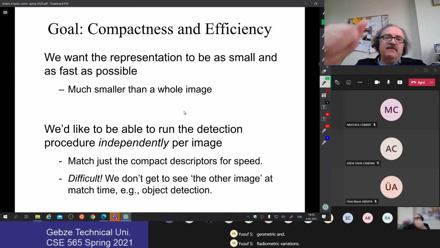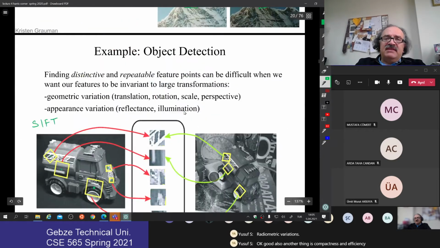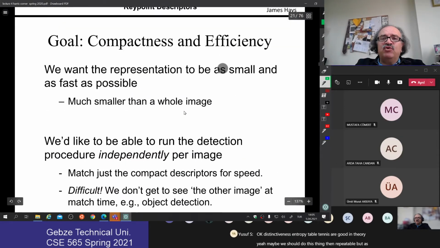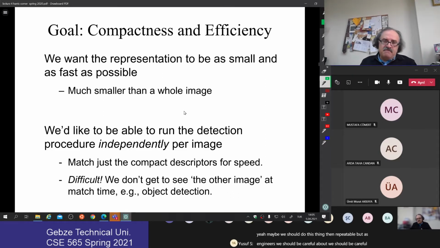Good. Also, another thing is compactness and efficiency. These two things, distinctiveness and repeatability, are good in theory. We should be distinctive and repeatable, but as engineers, we should be careful about compact and efficient ways of doing this. Why?